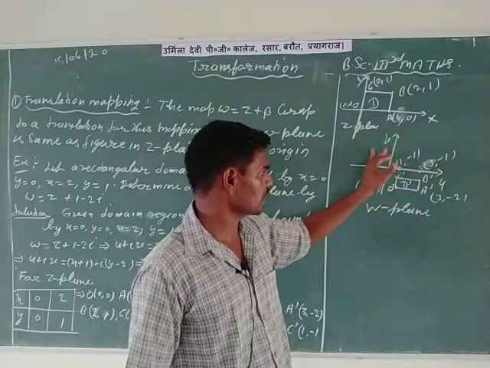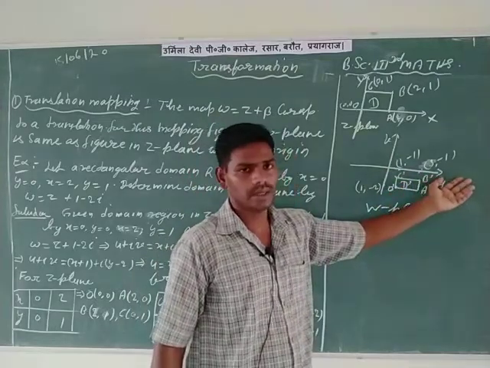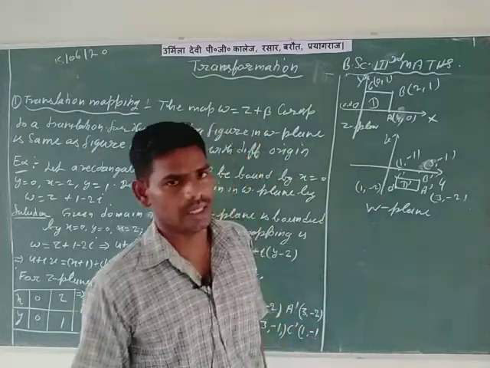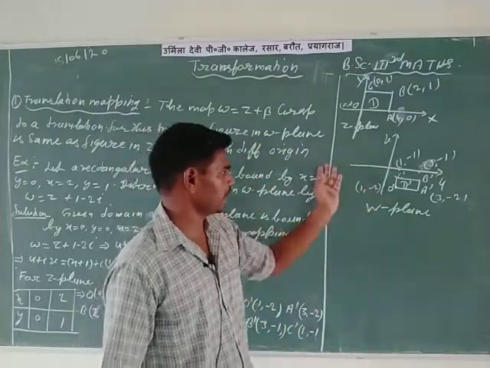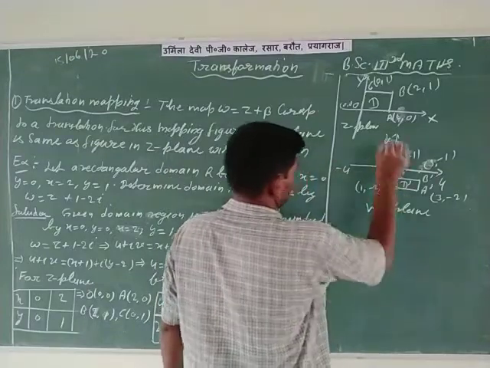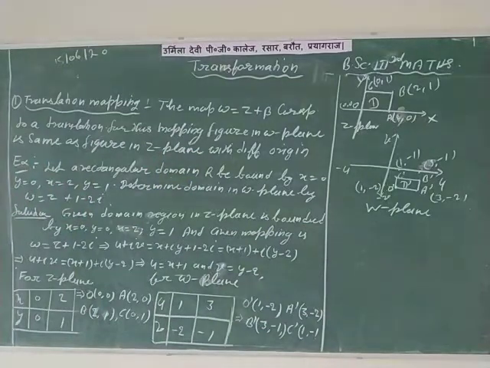Here u is denoted as the real axis and v as the imaginary axis, with negative u and negative v. So this is the complete transformation image according to the question.